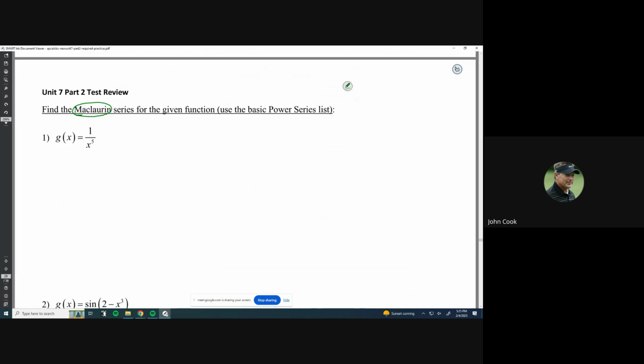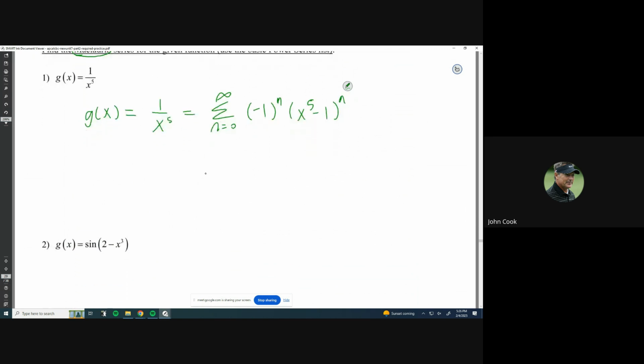So g of x is equal to 1 over x to the 5th, which is the same as saying this infinite series, n equals 0 to infinity, of negative 1 to the power of n, and then x to the 5th minus 1 to the power of n. So we can just use the basic rule to write that out. In fact, once you notice the pattern, you can take whatever the inside part is and just put that in as x.